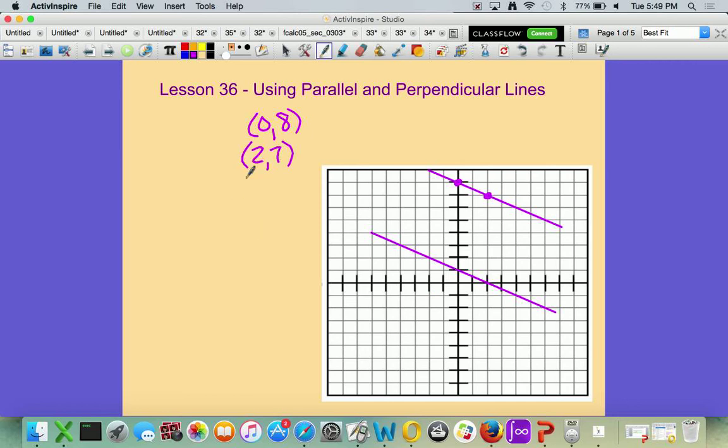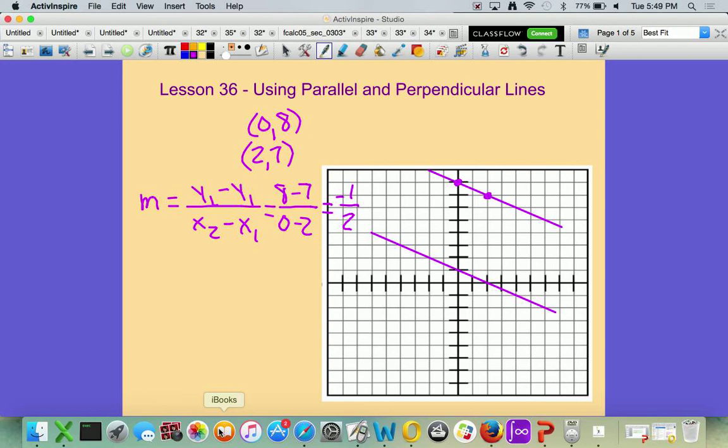Now do remember, with slope, our equation is y2 minus y1 over x2 minus x1. Order doesn't matter, okay, which one goes in first. Normally we go 8 minus 7 over 0 minus 2. And our slope for this would be negative 1/2.